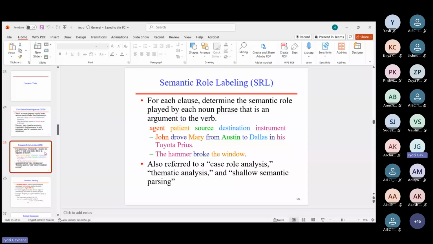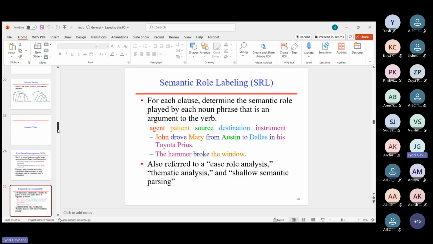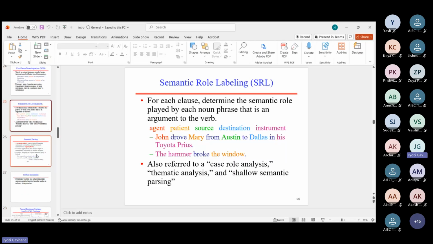Now there is something called case role analysis. Semantic role labeling is also called case role analysis, thematic analysis, and shallow semantic parsing. So these are different names for the same term. Just as we saw syntactic parsing, where parse trees are generated, there is also semantic parsing. In semantic parsing we are dealing with the logical form, whereas in syntactic analysis we are dealing with the actual syntax, or the physical form, of the statement.